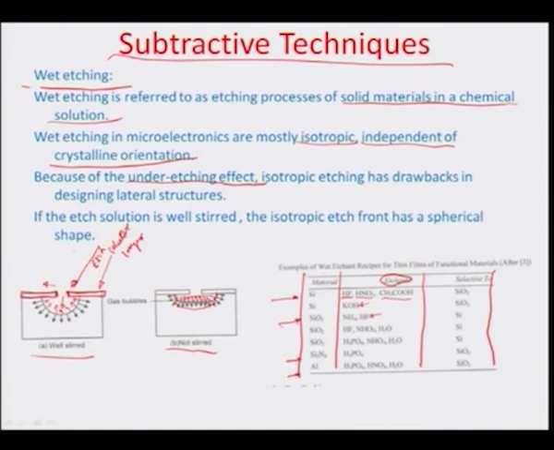Now, the column on the right is indicative of what these materials are selective to, which means that if you are using this etchant solution of HF, HNO3 and CH3COOH, as you can see here, it can etch Si or silicon, and it can stop whenever it faces a layer of SiO2.